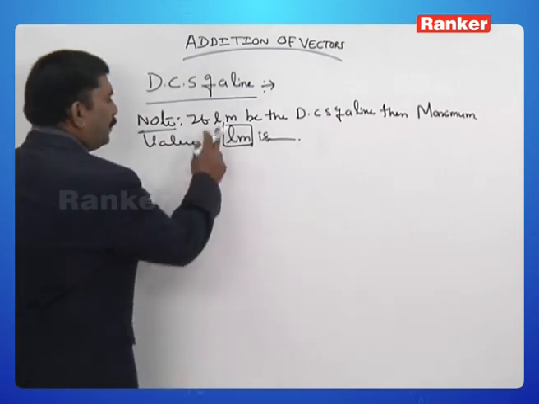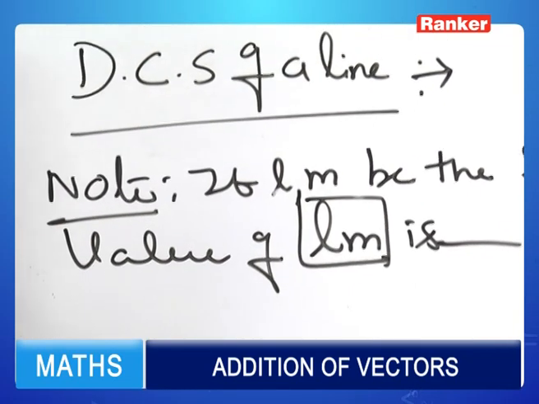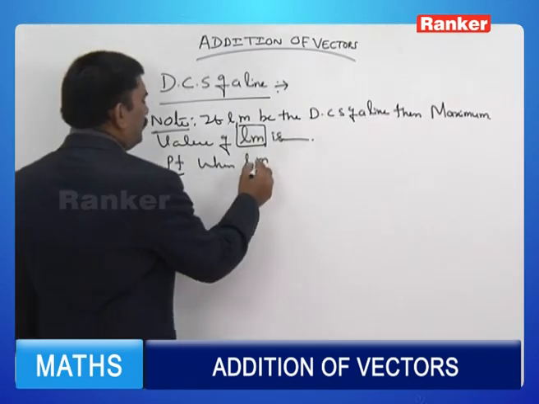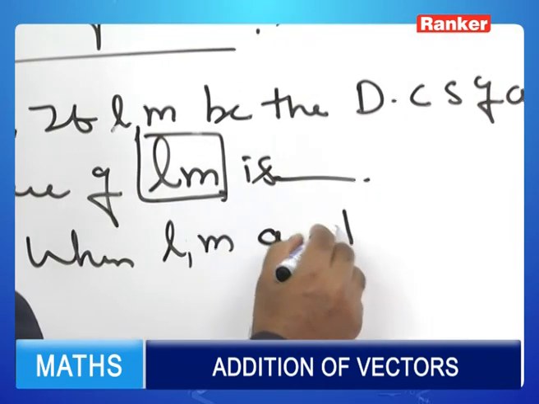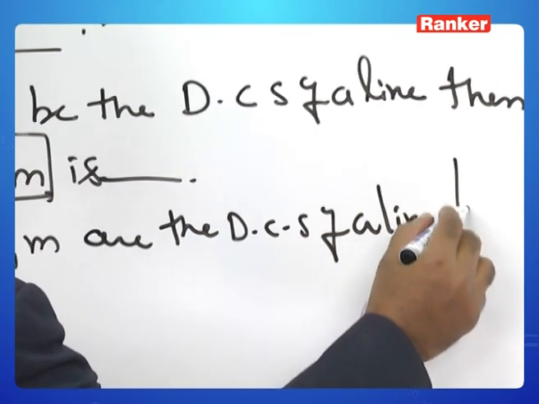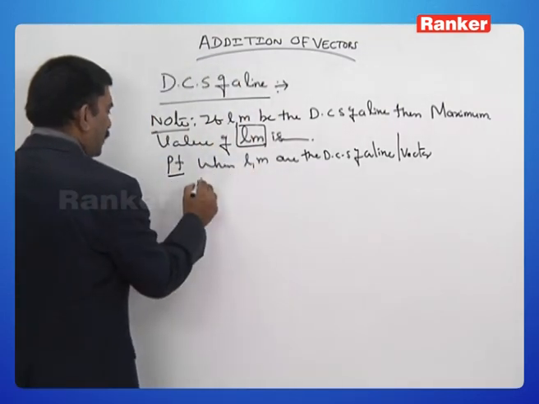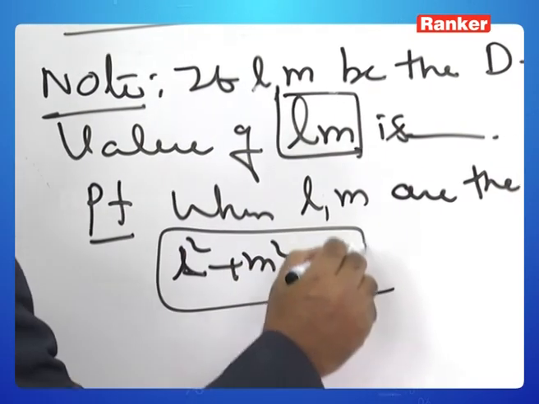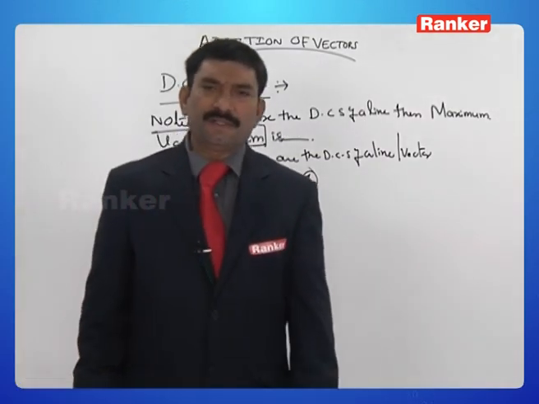Now, which has only two direction cosines, L and M. Certainly it must be a 2D line. I go for this one: when L, M, it's a 2D vector that is defined in the xy plane. L, M are the DCs of a line or vector. We know that L square plus M square is equal to 1. The sum of the squares of the direction cosines is equal to 1.